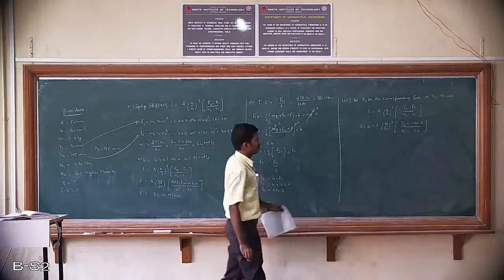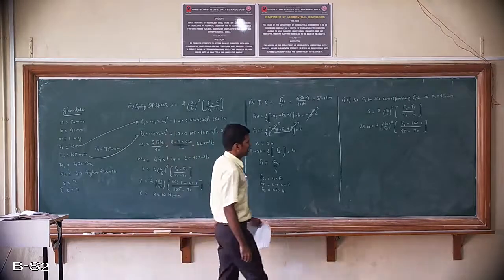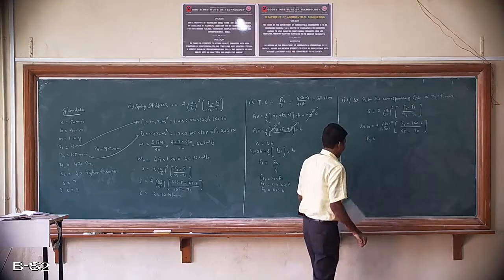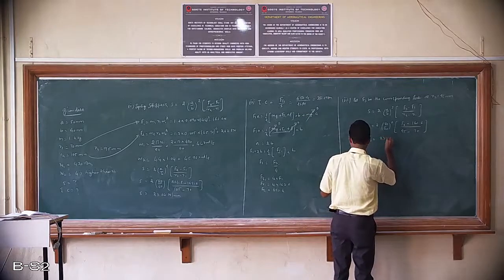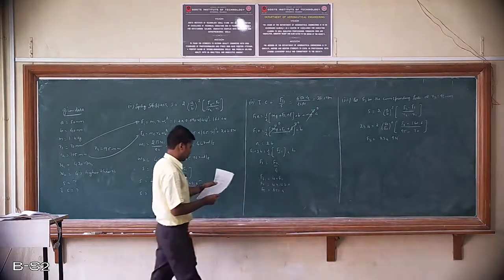So all the values are known except F3. By substituting all the values, I get the value for F3 as 234.9 Newton.